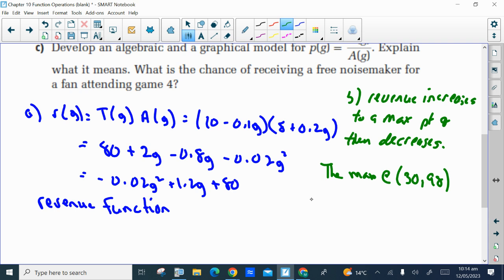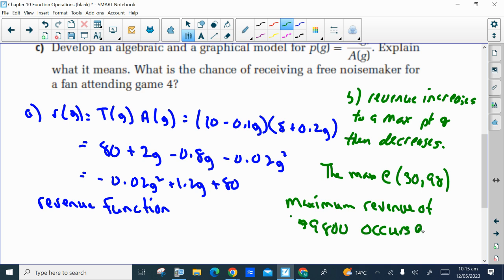So this means that maximum revenue of $9,800 occurs at game 30. That's what this tells us.